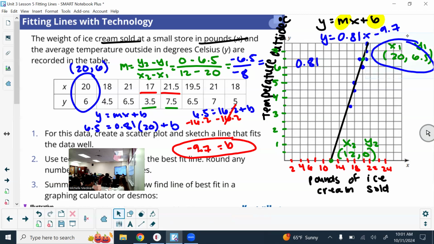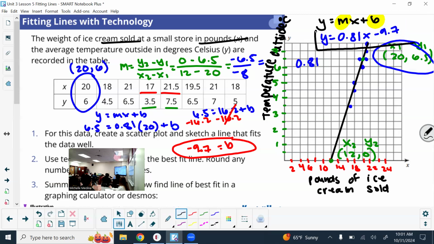Because the odds of getting the exact same answers using all the exact same numbers is pretty crazy. All right, but this is my estimated linear model. If this was a question on the test and I was grading you all, I would just want your answers to be close to it. It doesn't have to be exactly it. Questions on that?